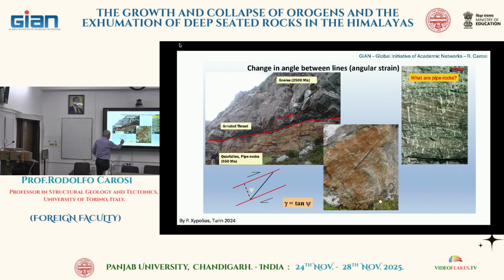So you can simply take a measurement of this angle and gain the information about the shear strain just in the field with pipe rocks, with worm burrows that formed in the Cambrian and then were deformed a little bit after.